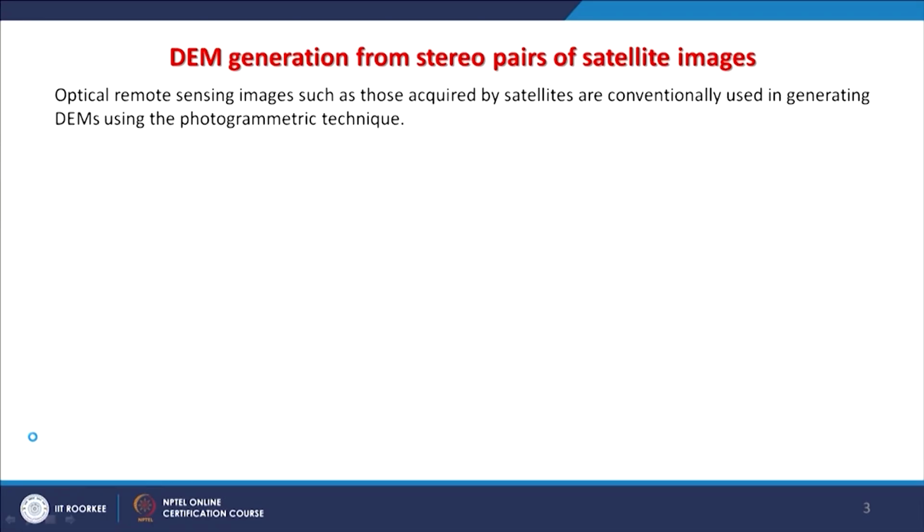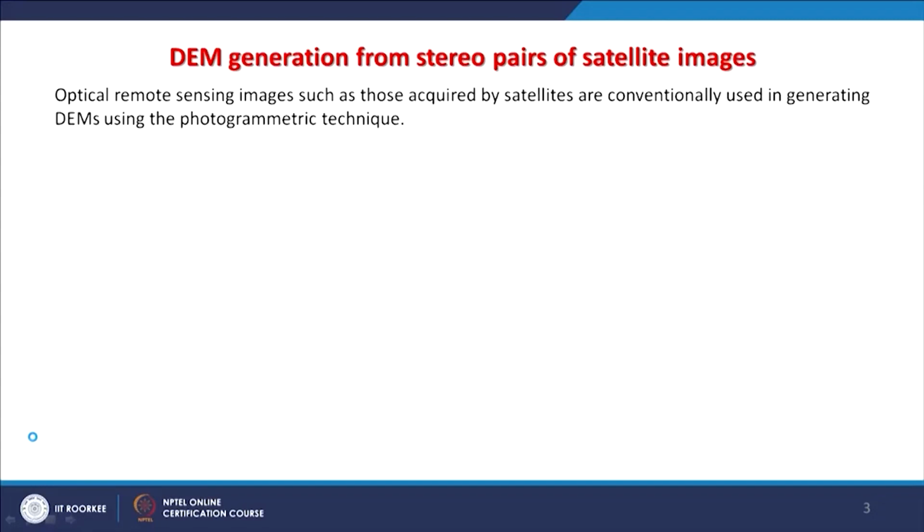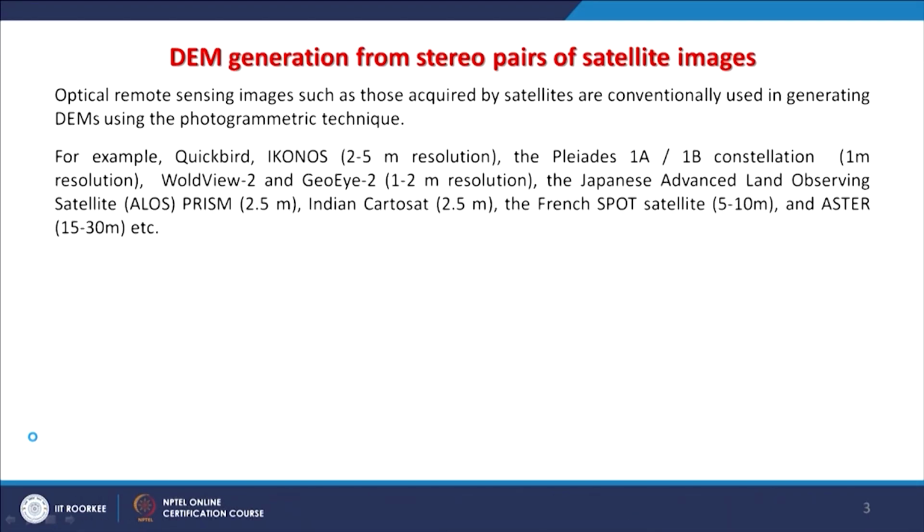As you know, for this you need optical remote sensing images acquired by satellites, and then using photogrammetric techniques we can develop digital elevation models. There are various satellites; the journey started with generating digital elevation models using stereo pairs from SPOT, but SPOT is no more in space.